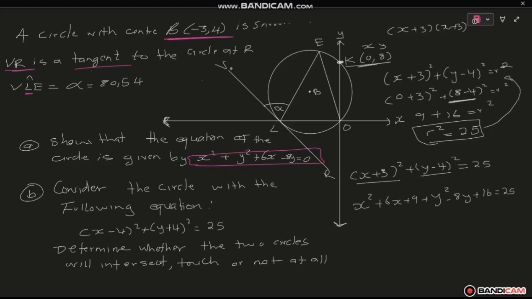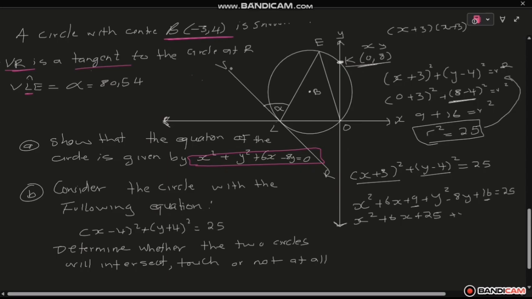Okay, then we have x squared plus 6x plus 9 plus 16, they're going to give us 25, plus y squared minus 8y equals 25. Okay, therefore x squared plus 6x plus y squared minus 8y.